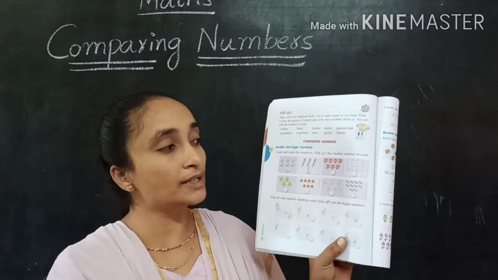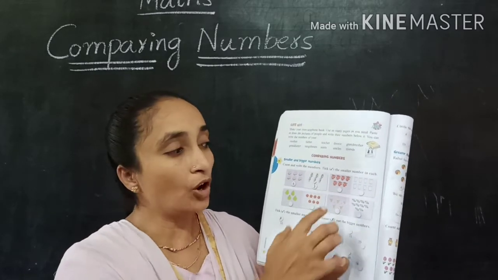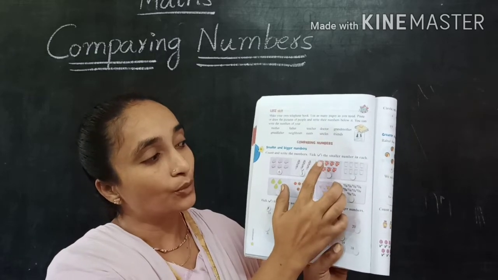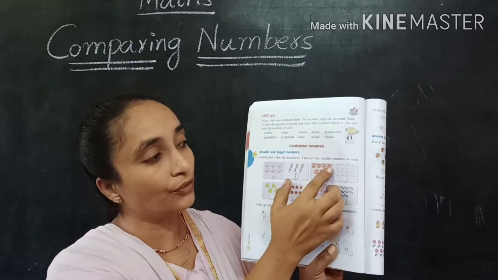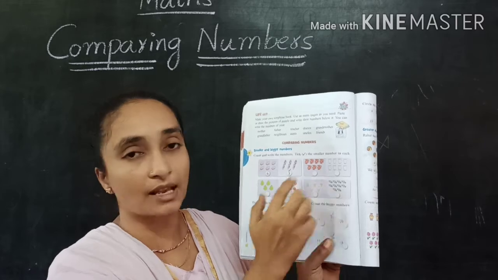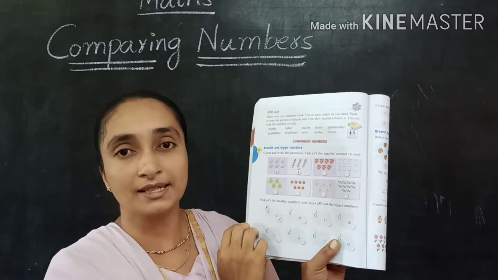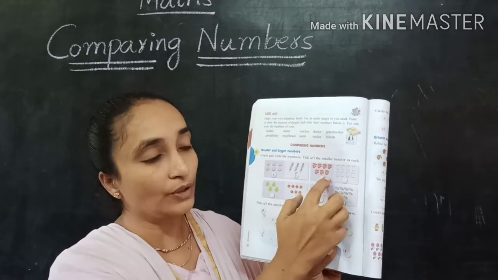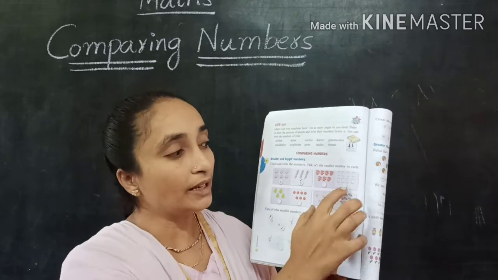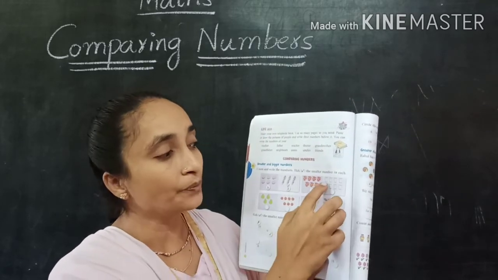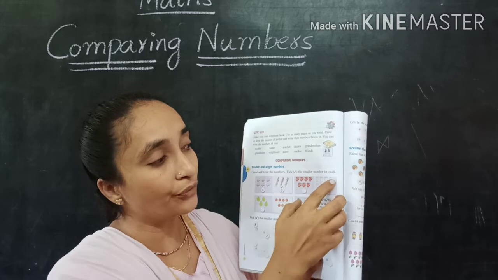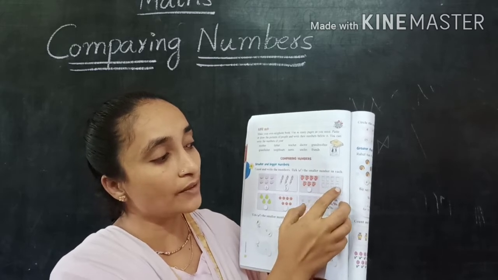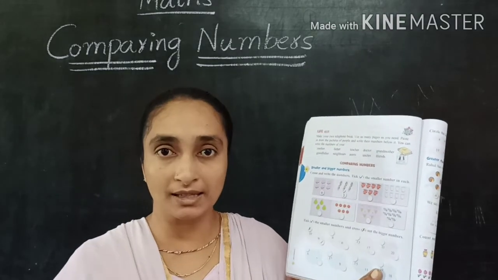Here in this box we have jugs. How many jugs are there? Count, children. 1, 2, 3, 4, 5, 6, 7. So here we can write 7 in the yellow circle. And here are glasses. How many glasses are there? 1, 2, 3, 4, 5, 6, 7, 8. 8 glasses are there.